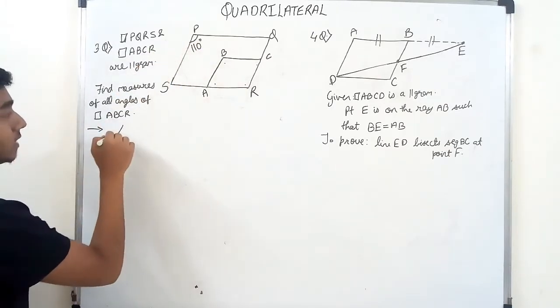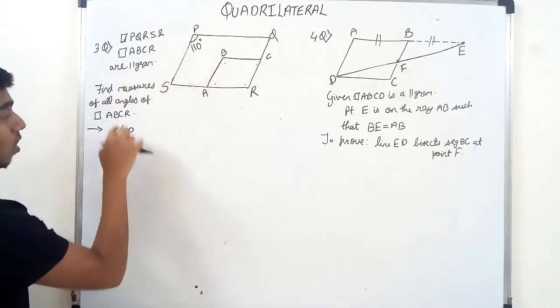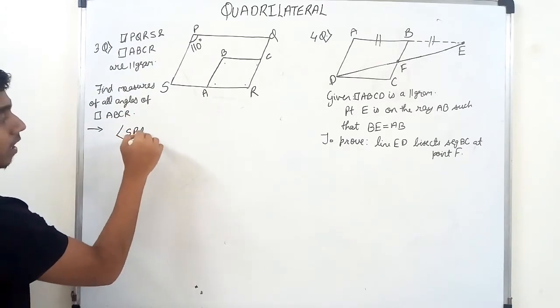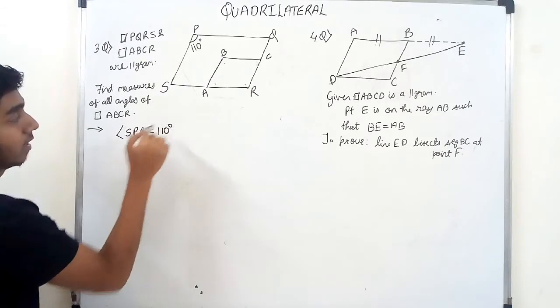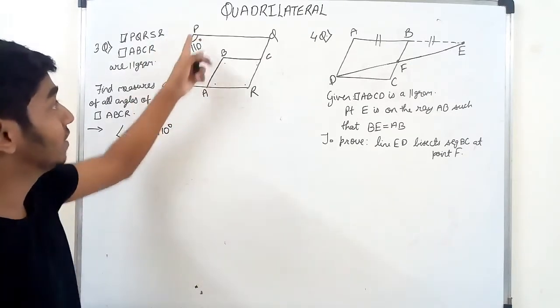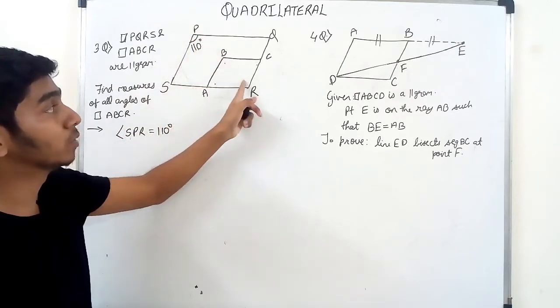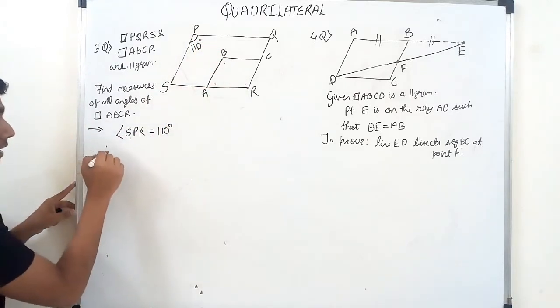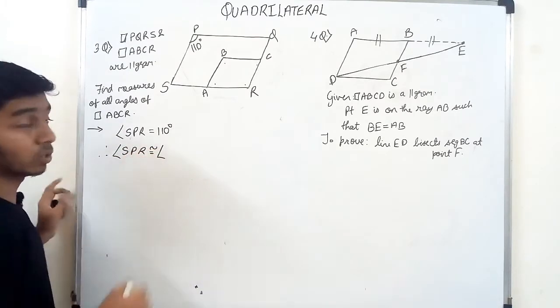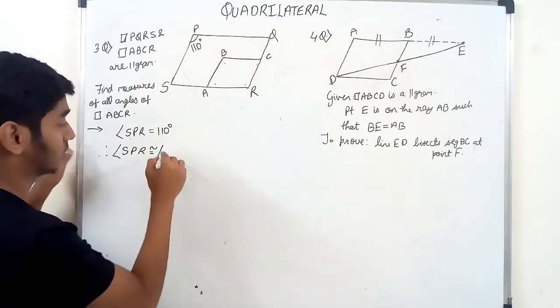Now from this we can say angle SPR is equal to 110. Yes or no? Now if this angle is 110, can we say that this angle is congruent to this angle? Therefore we can say SPR is congruent to SRQ.